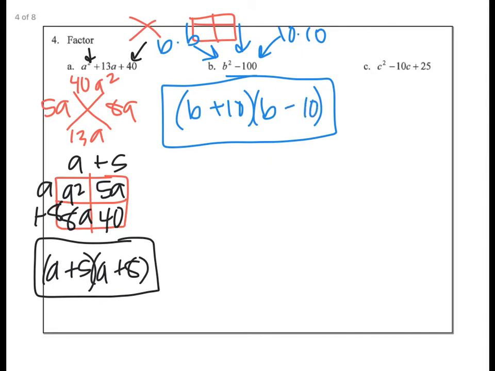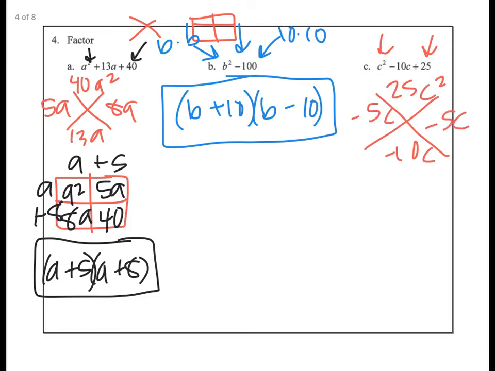Alright, looking at C, I would do diamond and box again. I'll do it for this example. I'm not going to do it for every single one, but I put 25c squared up top. Remember, you're multiplying the first term and the last term to get that, and then the negative 10c in the bottom. So what multiplies to give me 25c squared, but adds to give me a negative 10c? Well, I know I'm looking for two negatives, so negative 5c and negative 5c. Use that to work my box.